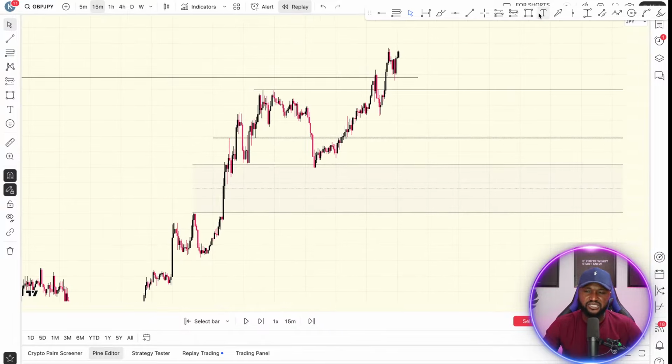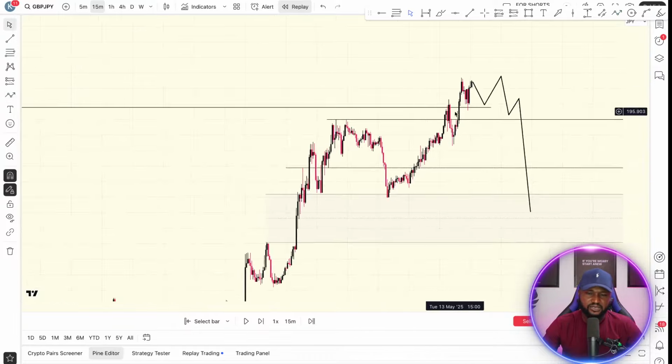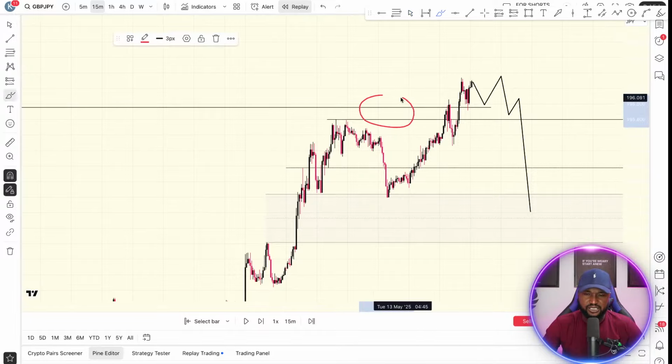Now, if you have a shifting structure after now, it's going to work. Why? Because you have already achieved the weekly objective. So if there is any shifting structure after the liquidity has been cleared, you're going to have access to that trade, and the trade is going to give you a ride without stress.